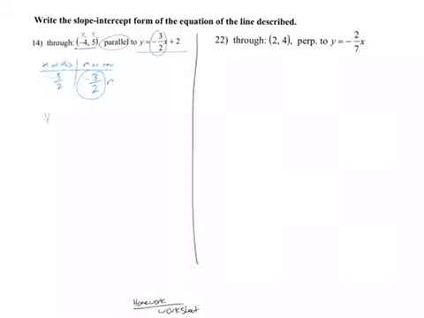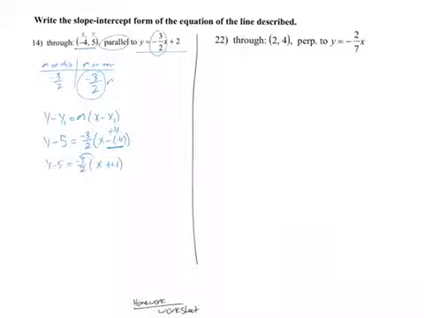So plugging that into my equation, y minus y1 is equal to m times x minus x1. I'm going to say y minus 5 is equal to negative 3/2 times x minus a negative 4. Well, this part right here is the same thing as saying like plus 4. So I'm going to have y minus 5 is equal to negative 3/2 times x plus 4.